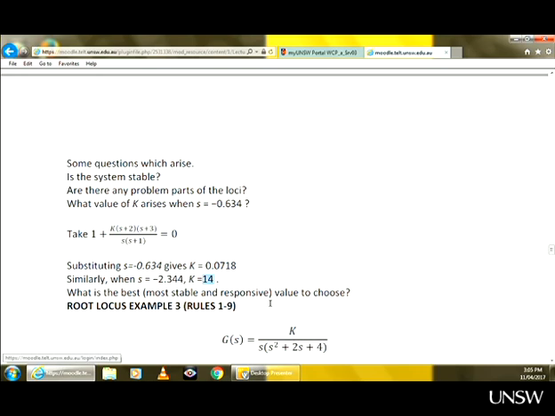So the arrows will always point towards zeros. They start from the poles of the open loop system and they finish at the zeros of the open loop. They meet again, they separate.